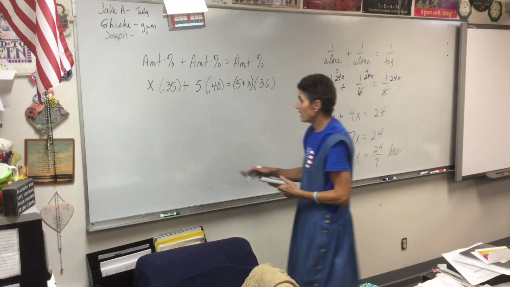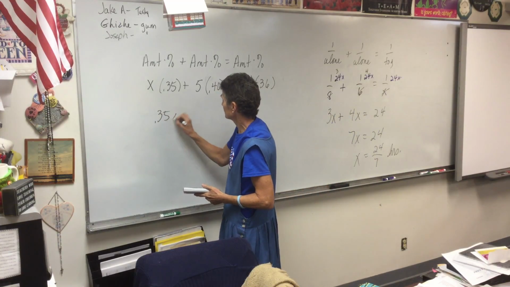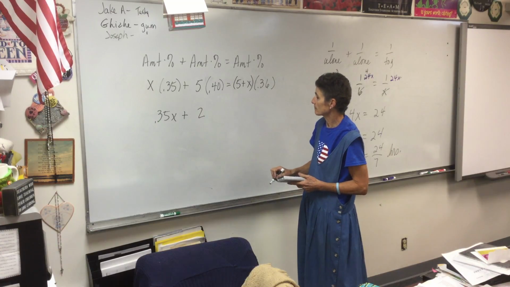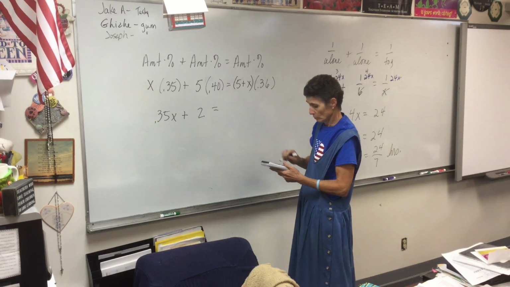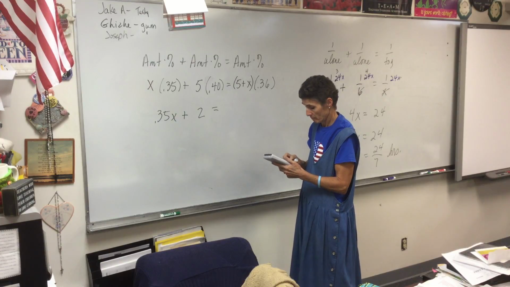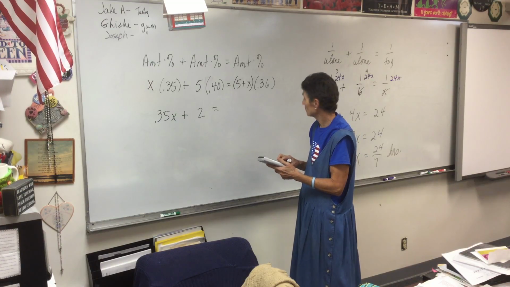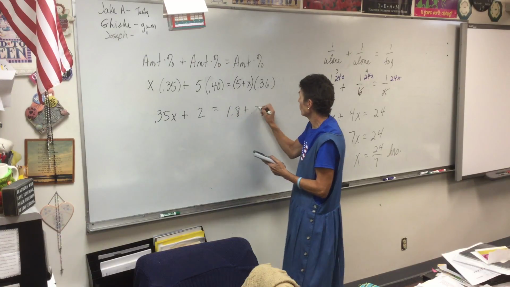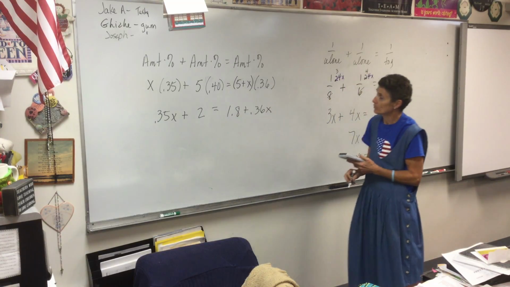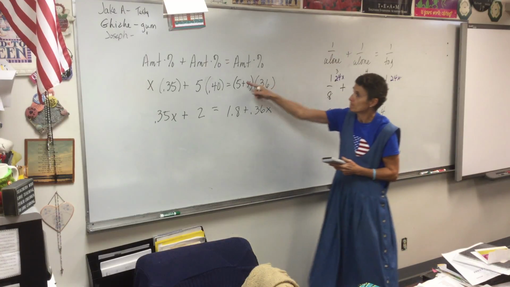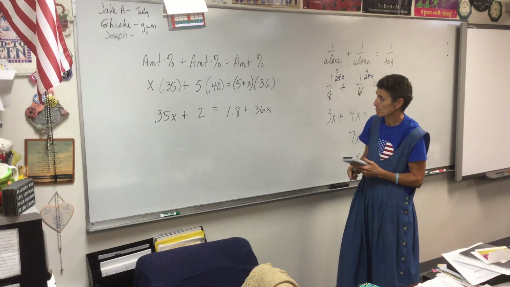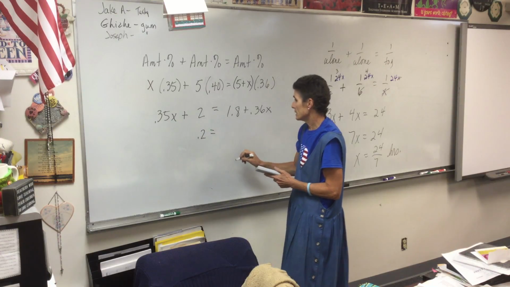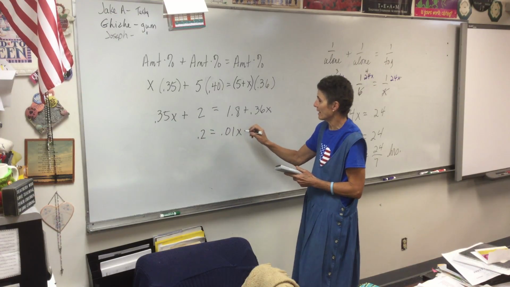So here we go. We're going to have 0.35X plus 2 equal to 1.8 plus 0.36X. I'm doing my distributive property here. So I'll subtract and get 0.2 equal to 0.01X.